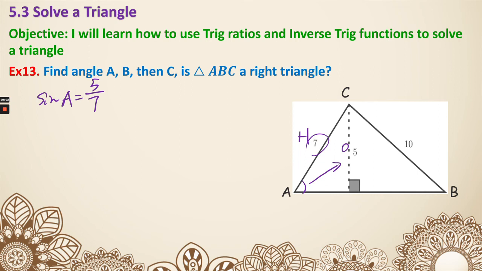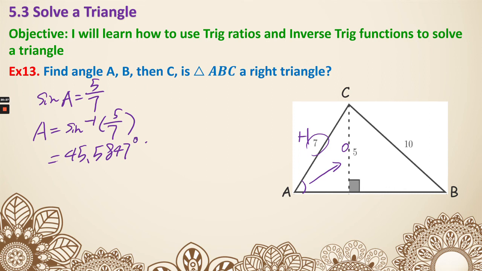Since I'm trying to solve for an angle, I'm going to use inverse trig. So my angle A is going to be the inverse sine of 5/7. After you type it in your calculator, that should give you 45.5847 degrees. I'm just going to keep a bit more since there might be some rounding going on.